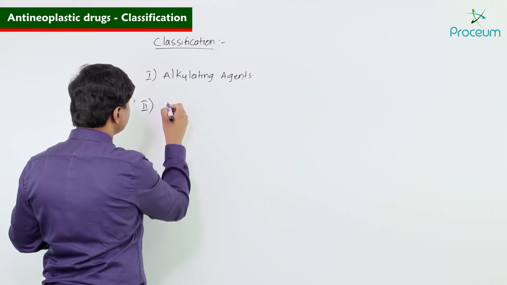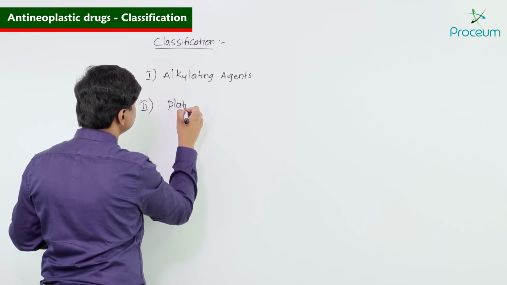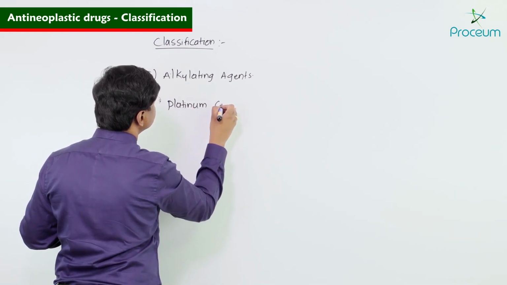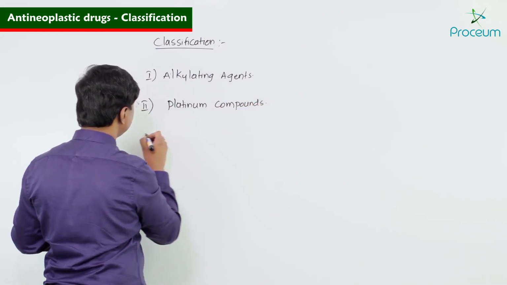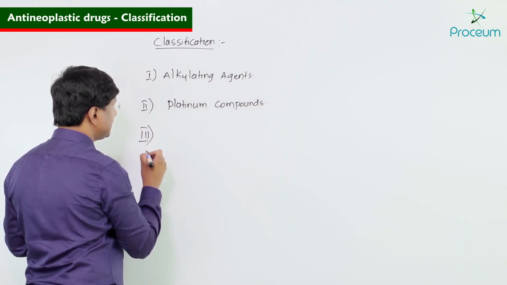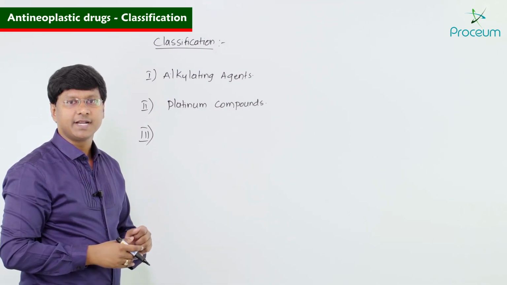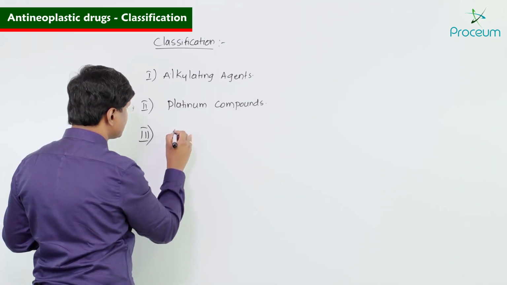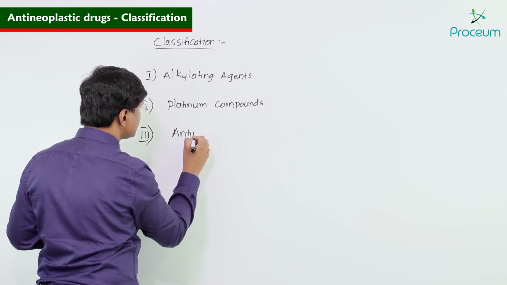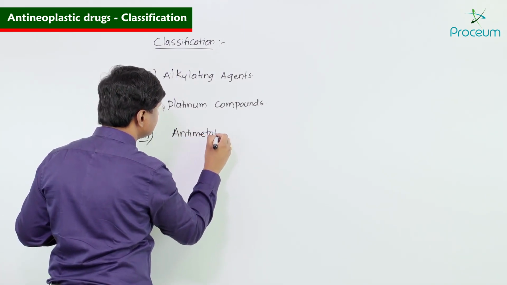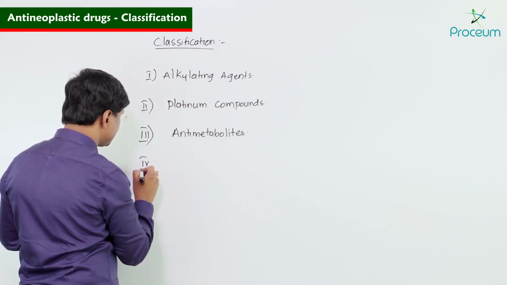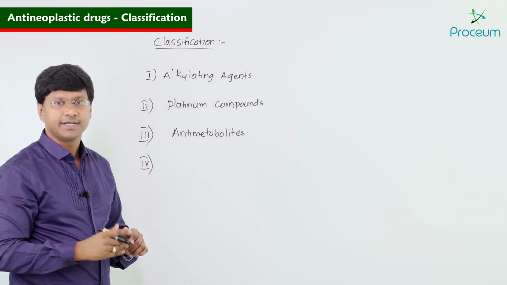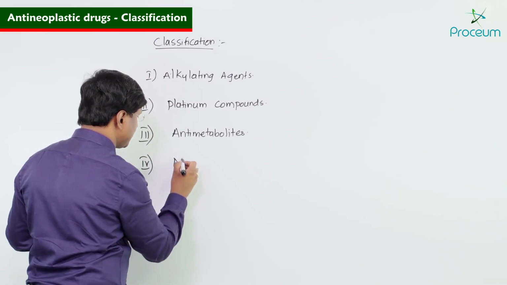Then we have the platinum compounds. Next to the platinum compounds, the other group of drugs we have is antimetabolites. And next to the antimetabolites, we have the natural products.